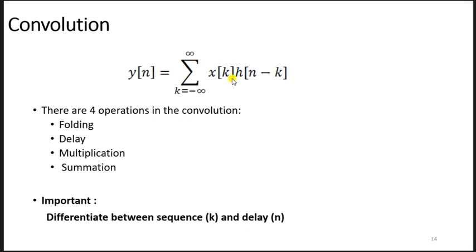So means that all this, because of K, sample number tu, then you have to tambahkan semua sample number tu. Okay. So, now important ya. So, you kena differentiate. Dulu, sebelum ni kita sebut N tu sample number kan. Okay, for convolution, kita sebut K tu sebagai dia punya sample number atau sequence. And N is the delay. Alright.